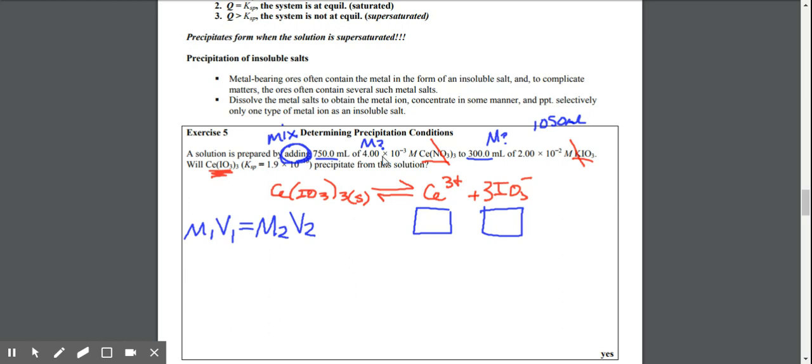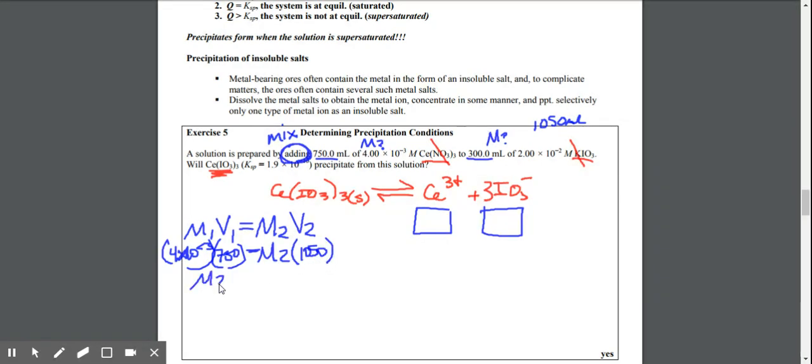So here we go. Let's plug in that stuff. So we get 4 times 10 to the negative 3 times this volume, 750, is equal to the new molarity times the new volume, which is 1050.